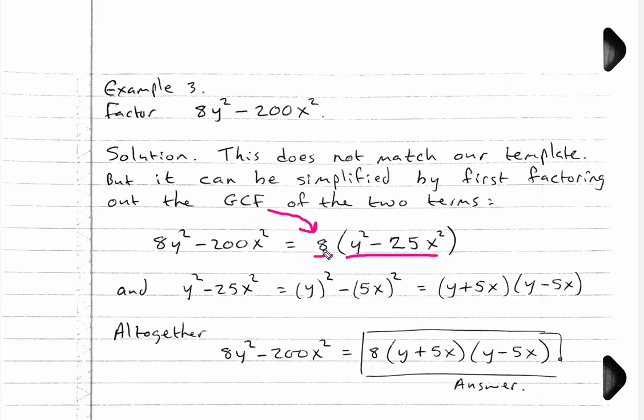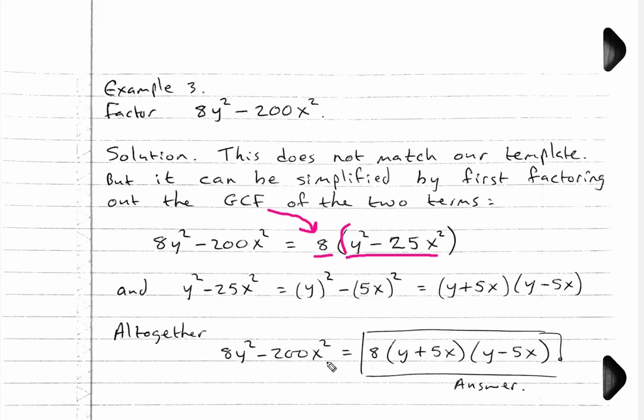Now we can ignore that 8 for a second, and just look at this piece. This is something squared minus something else squared. We need a y and a 5x. So this piece is y plus 5x times y minus 5x.